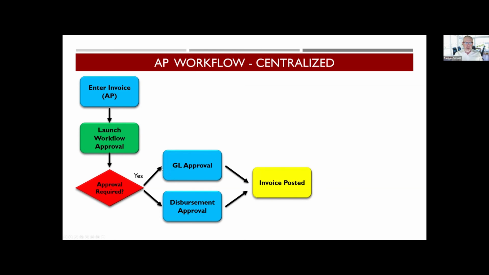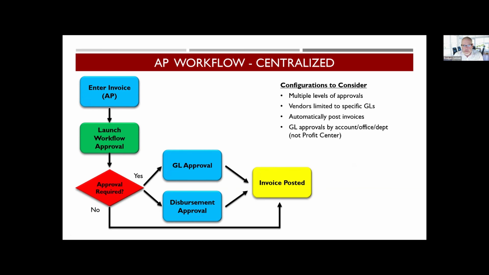It's really just about where the invoice originates. If it's originating outside of accounts payable, you want to use that new invoice workflow. If it's originating inside of accounts payable, you may elect to use the invoice approval workflow that just sends it out for approval. And we already covered these items.